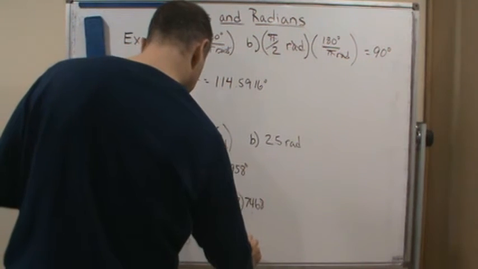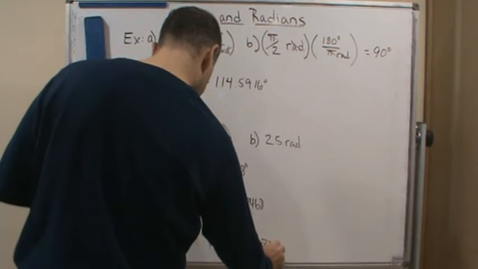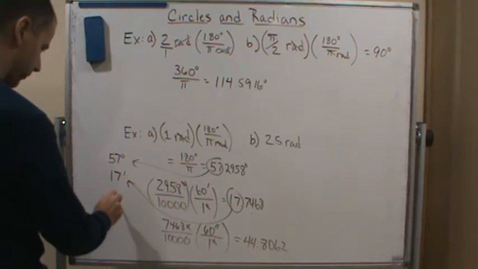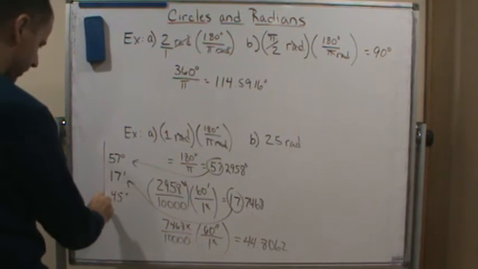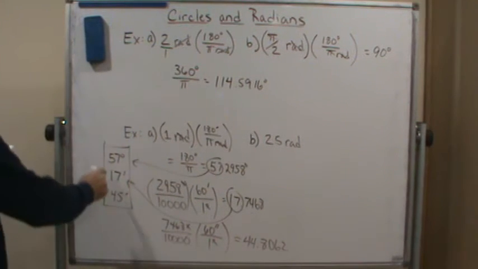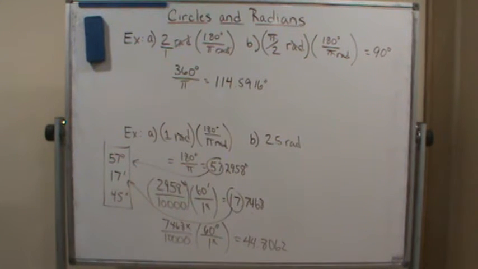We get approximately 44.8062. So this rounds to the nearest second, so it'd be 45 seconds. And so this is the answer. So it'd be 57 degrees, 17 minutes, and 45 seconds would be the angle to the nearest second.